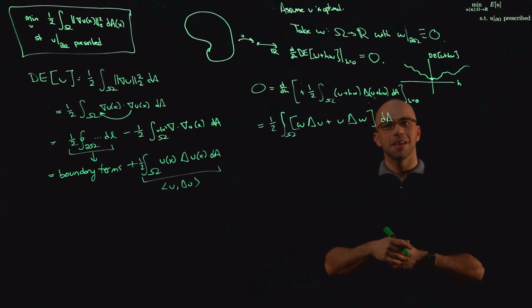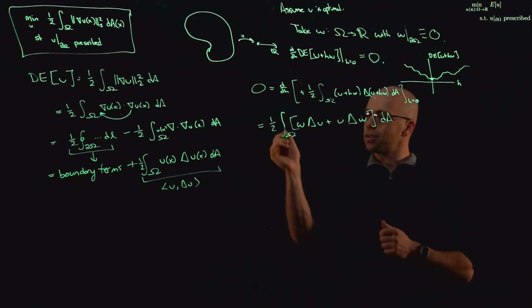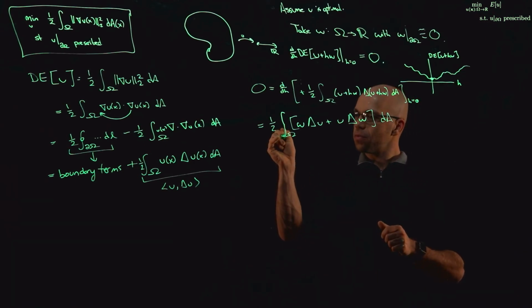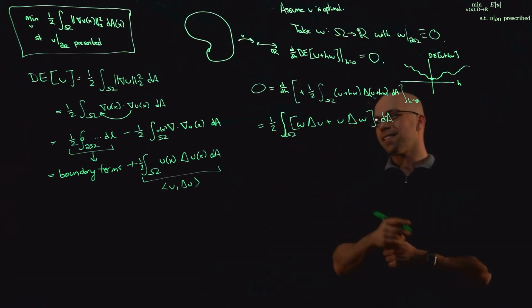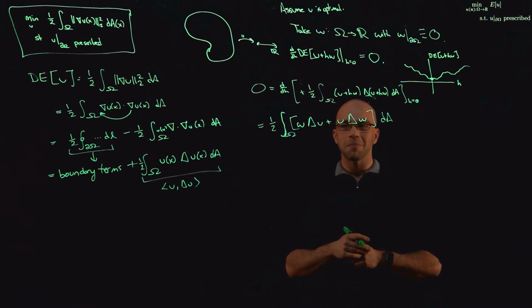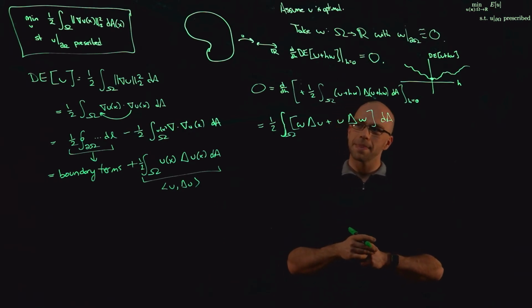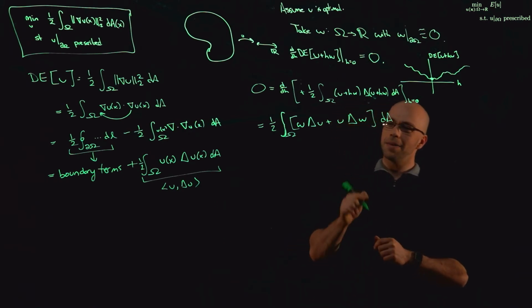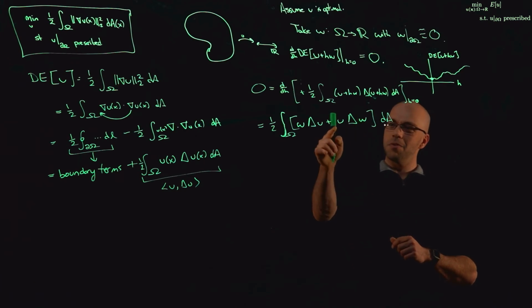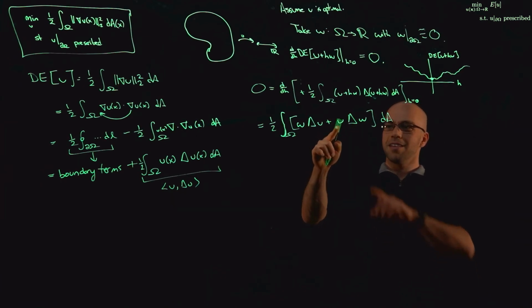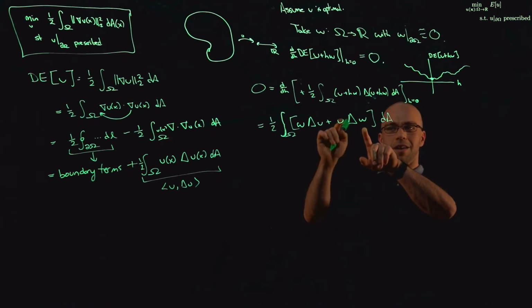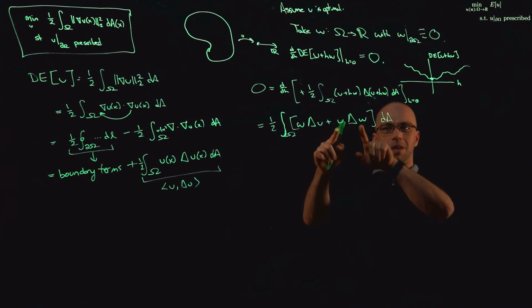Now, if you look back earlier in this lecture, one thing you can do is integrate by parts here 2 times, and you'll get irrelevant boundary terms plus essentially moving the Laplacian onto the other object, right? So if I integrate by parts once, I'll get the gradient of u times the gradient of w.